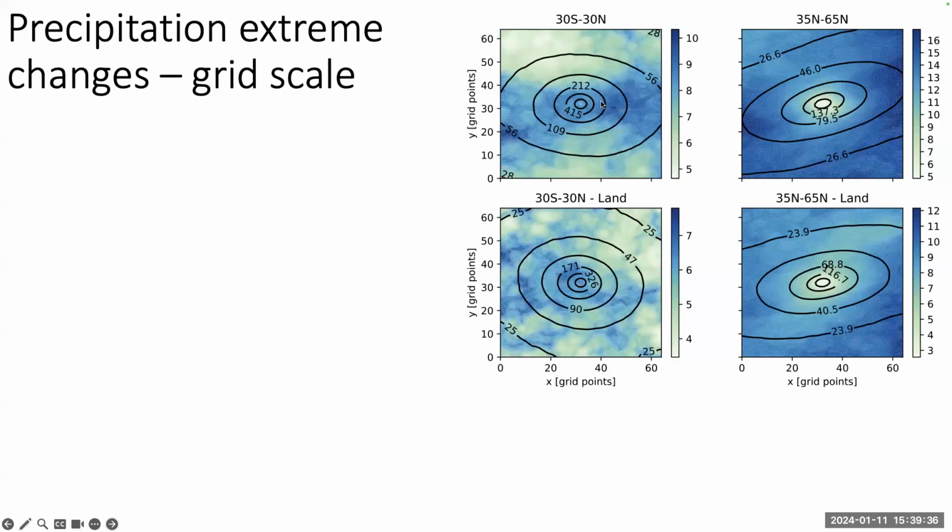And we can see that basically what we are saying is that it's not necessarily that the strongest increase will be at the peak of the precipitation, but rather there is some type of an organization response within the grid cell size, and it becomes even clearer when we are looking at the mid-latitudes, where the peak of the precipitation is the point that increases relatively the least compared to its surroundings.